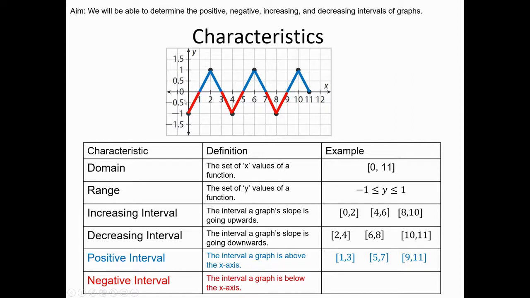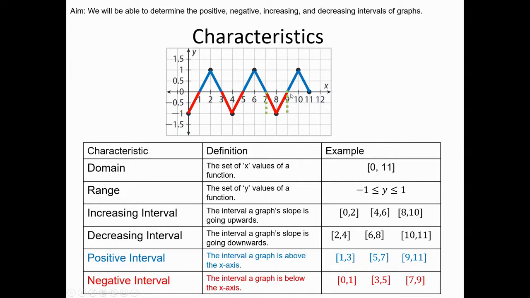You've got to be careful here because once again, when we talk about the interval for the first one, it's not going to start at -1, right? The y value is at -1, but the x value is at 0. So it's a negative interval from 0 to 1. And then there's another negative interval right here, which is 3 to 5. And the last one is right here from 7 to 9.